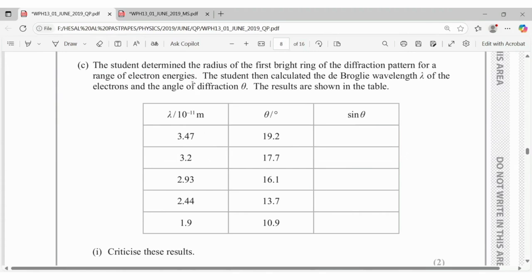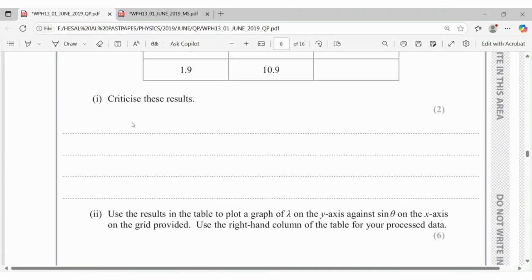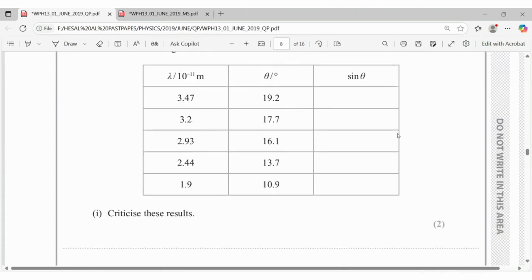The student determined the radius of the first bright ring of the diffraction pattern for a range of electron energies. The student then calculated the de Broglie wavelength lambda of the electrons and the angle of diffraction theta. The results are shown in the table. First part, they ask to criticise these results, including 2 points. Here I'll point out a few.